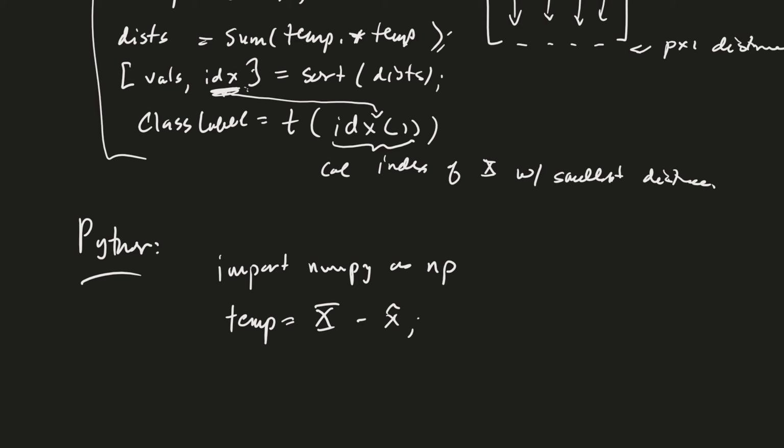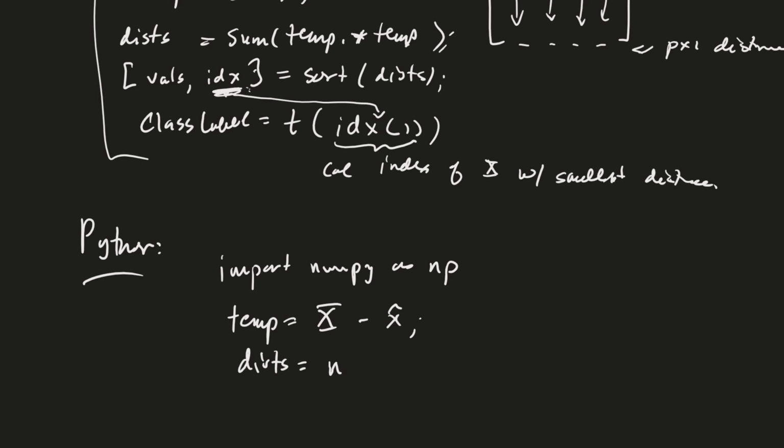Now we take distances again, which is equal to, now you have to do np.sum instead of just sum, and then you can take temp squared. I better be careful here. Hang on one sec. I just forgot to square my temp here.